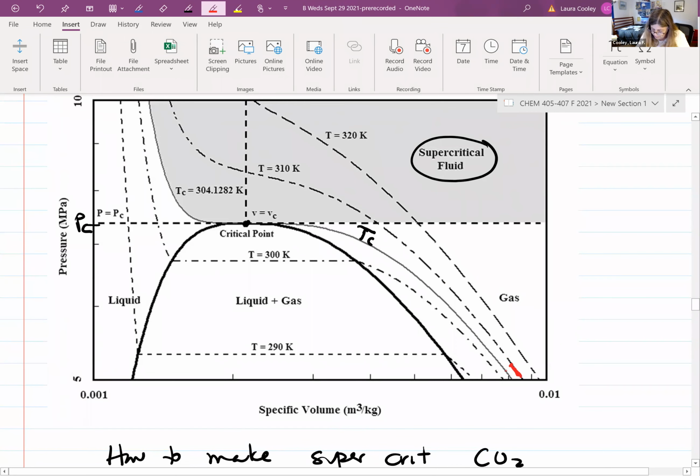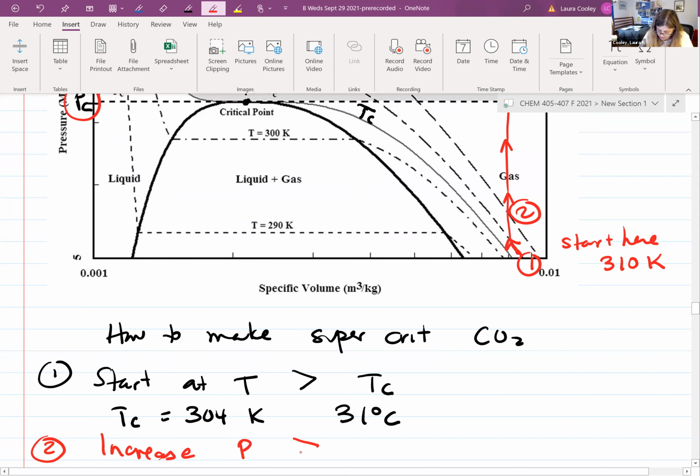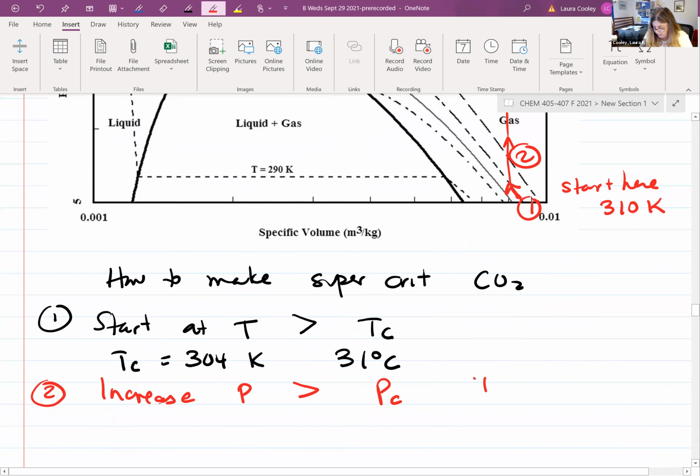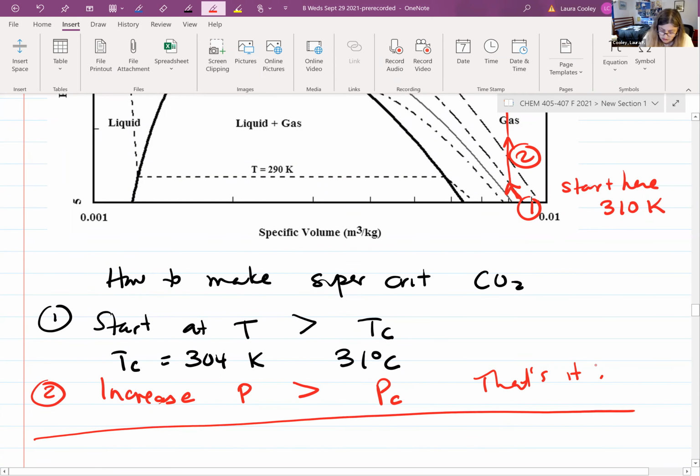Okay, and then what you could do is you could just increase the pressure until you're above the critical pressure. So we'd start here. Increase the pressure to be above the critical pressure, and that's it. You have supercritical CO2. The other thing you could do, as an alternate, is start at 310 and go along an isotherm.